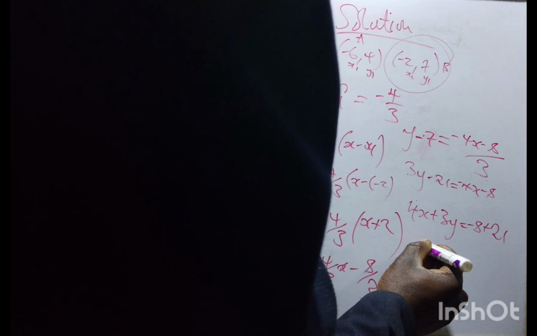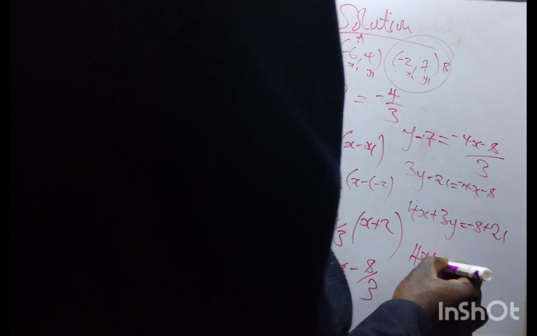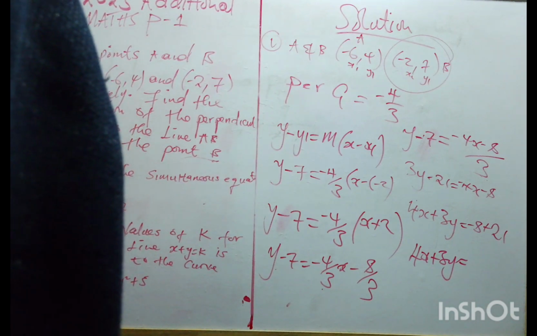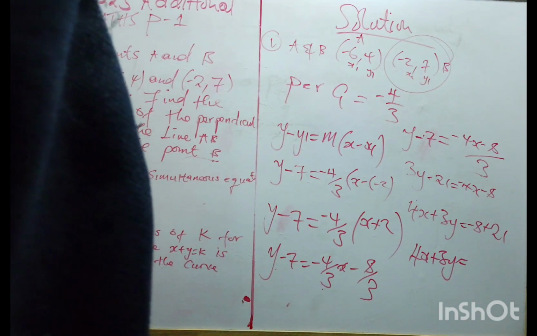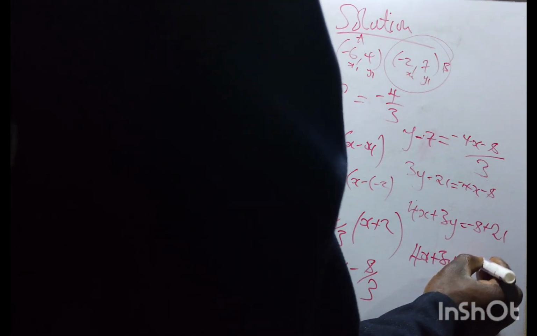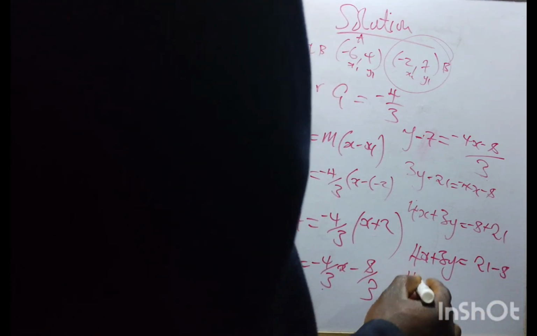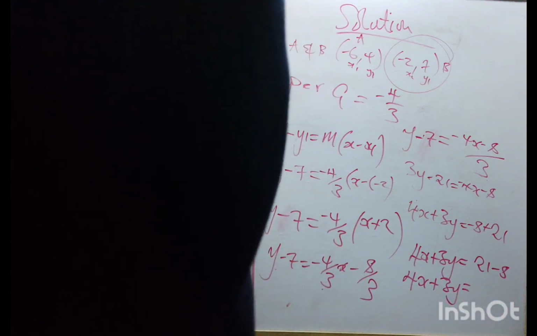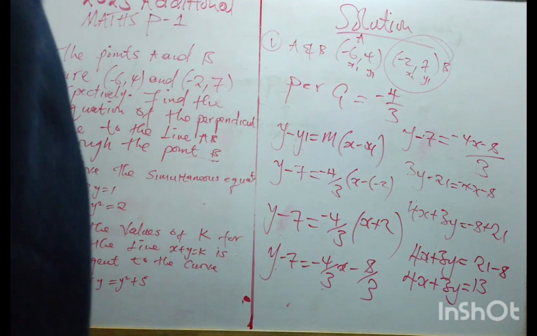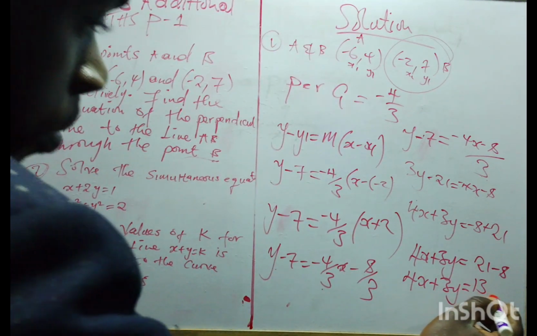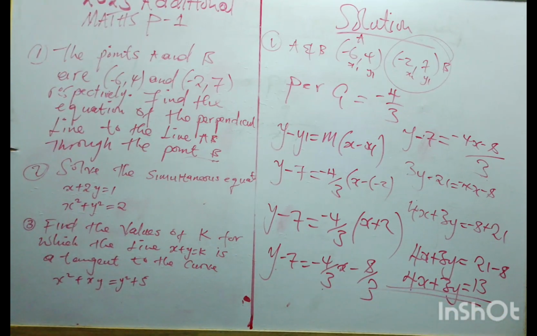So 4x plus 3y equals 21 minus 8, which is 13. Okay, so this is our equation of the perpendicular.